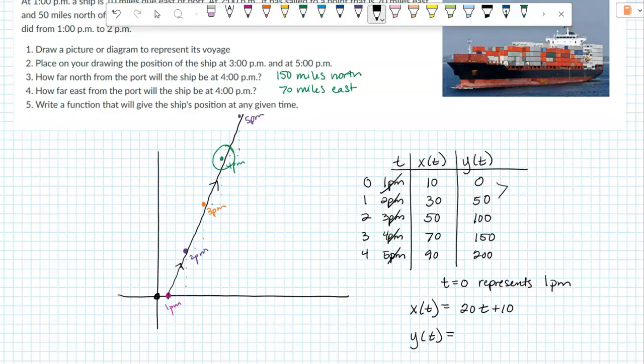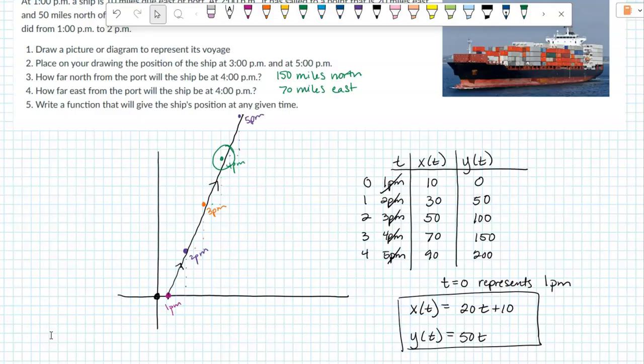And then our y values are plus 50, plus 50, plus 50. So we're going to have a slope of 50, 50t. And when I plug in 0 for time, I indeed get 0 for my y value. If I plug in 1, I get 50. So that equation is good to go. Now just know, if you had chosen to represent t equals 0 as noon, our equations would be different here.